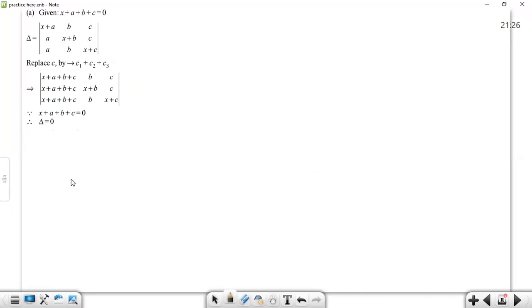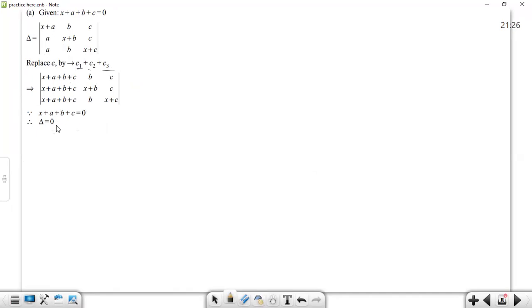That is what is given also. Otherwise, without putting values, you could have just done the operation C1 to C1 plus C2 plus C3. You have to add all the columns and you are operating on the first column.